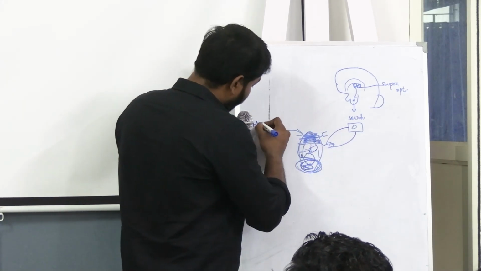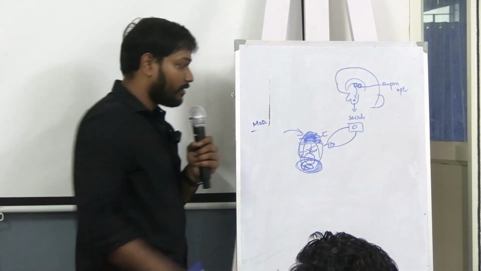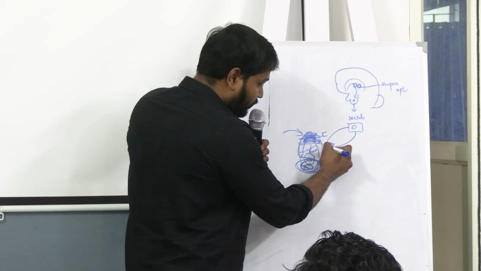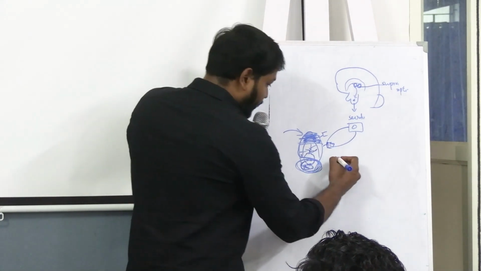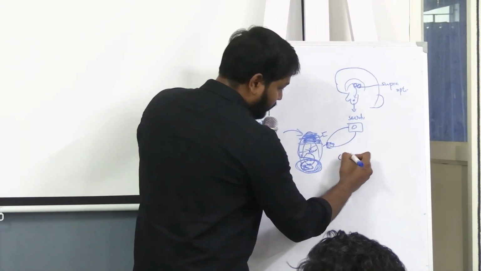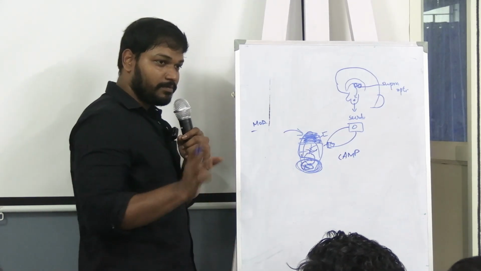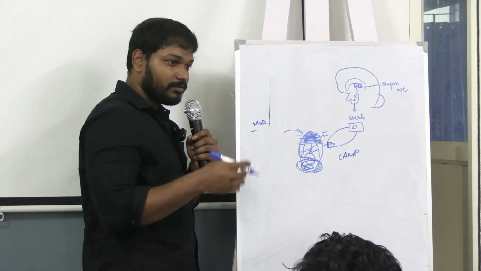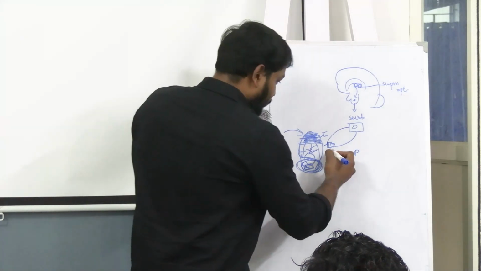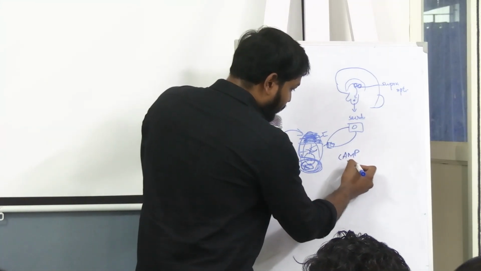Mechanism of action, how does it act? So when it comes to this receptor, the oxytocin receptor, there is activation of cyclic AMP. This you might have studied in physiology, pathology. Cyclic AMP is stimulated, then what?